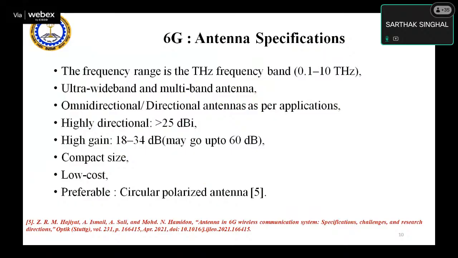It is not proven or decided, but it is a concept that an ultra wideband terahertz antenna will have a minimum bandwidth of 500 gigahertz, or we can say the entire spectrum of 0.1 to 2 terahertz band.